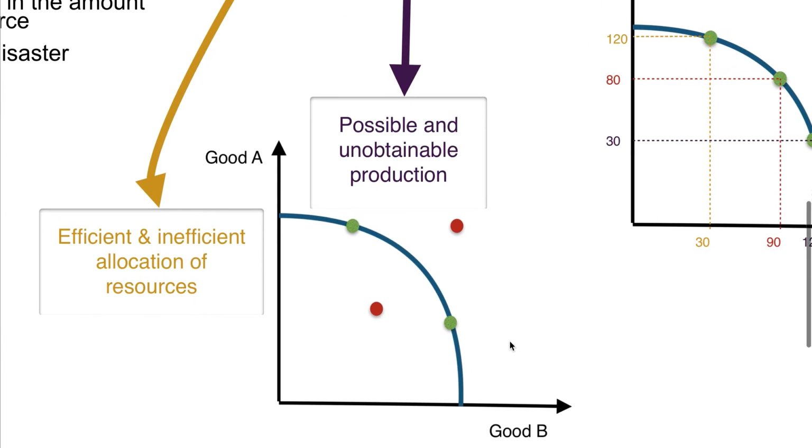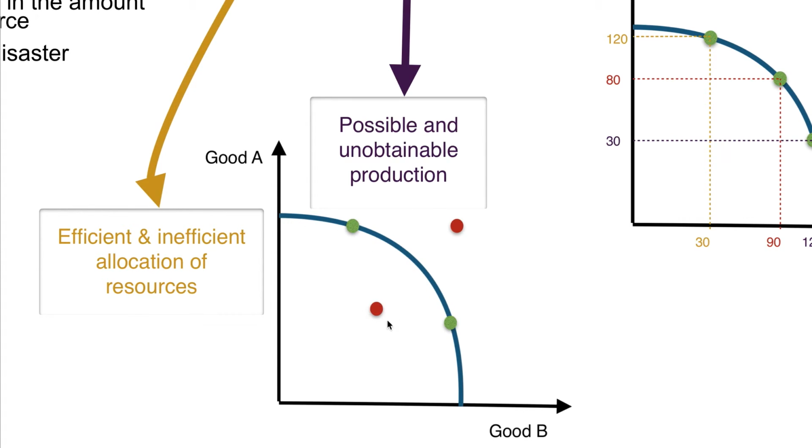And now looking at the PPF for possible and unobtainable production, and also efficient and inefficient allocation of resources. So the most efficient way to allocate resources is on the PPF, because then you're using all your resources. So if you're using all your resources, that means that they're all employed, so there's no wastage of resources within your economy.